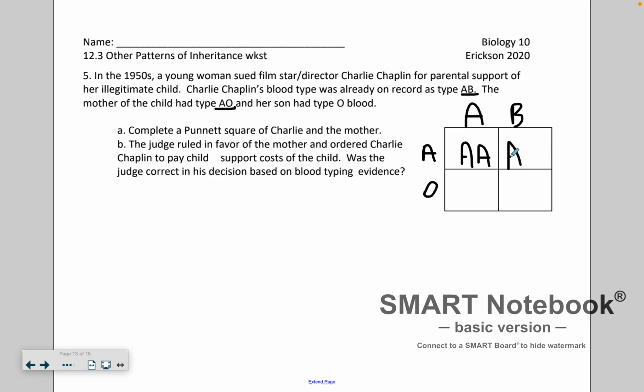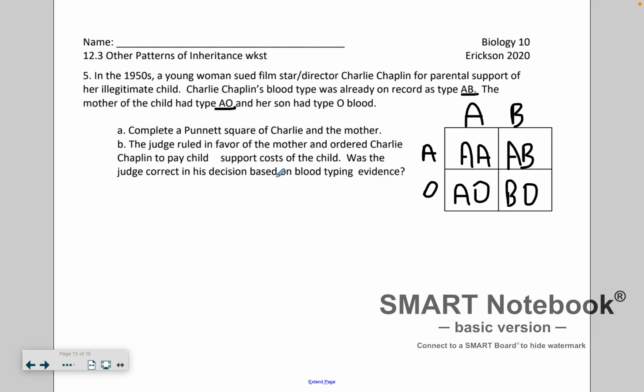Now we're going to fill in this Punnett square. AA, AB, AO, and then this last square is BO. Okay, so the judge ruled in favor of the mother and ordered Charlie Chaplin to pay child support costs of the child.